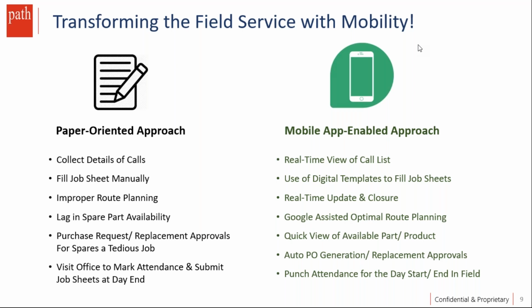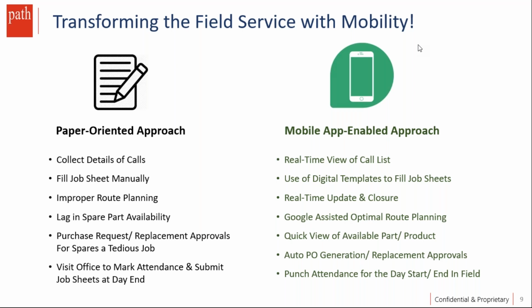If access is given to the technician, he can actually see the availability of parts so that he can communicate to the customer whether I'm going to replace it now or it will take 1 day or 7 days. That will be a more precise answer on the timing. You have auto PO generation, so simply one click will create a PO to the warehouse, and once inventory is back at your service center, you will be notified.